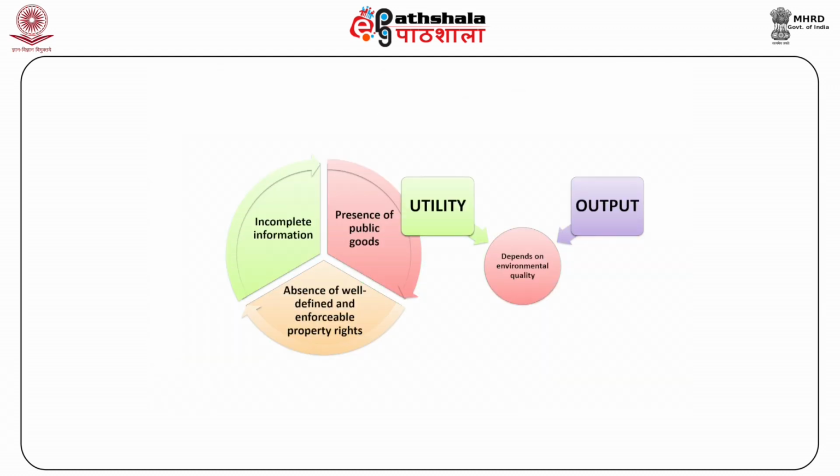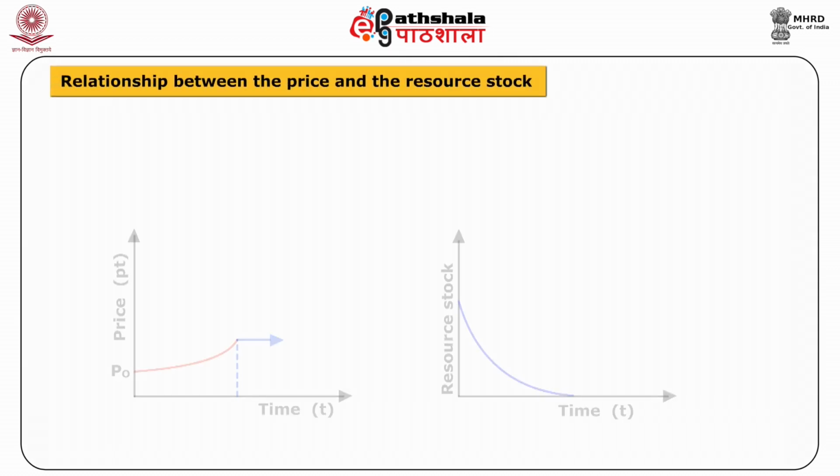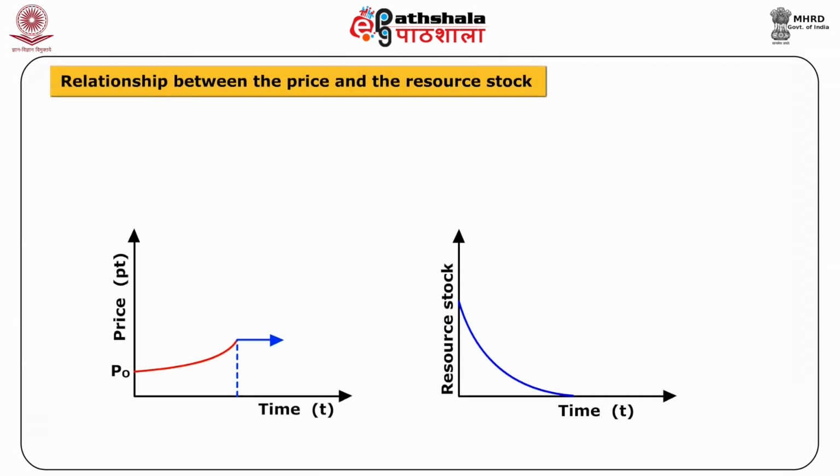There may be other forms of market failure, like absence of well-defined and enforceable property rights and incomplete information. Some of the agents' functions may depend upon environmental quality, like utility and output produced in the economy depending on environmental quality. The relationship between the price and the resource stock is depicted in the figure.